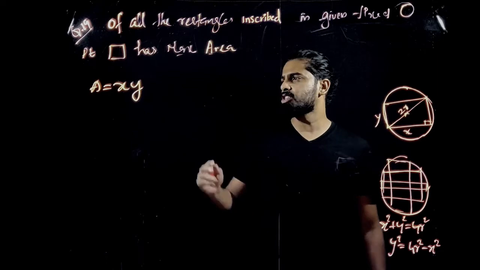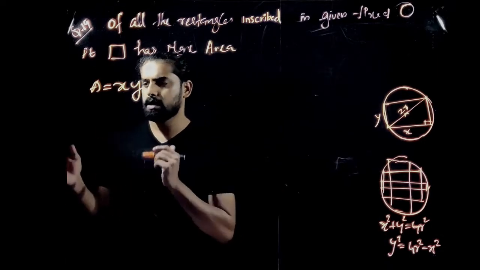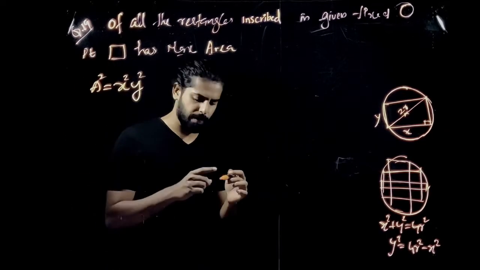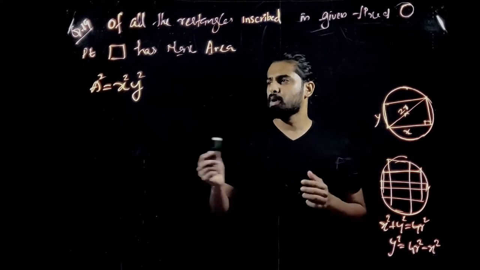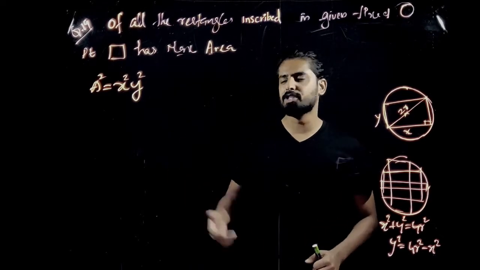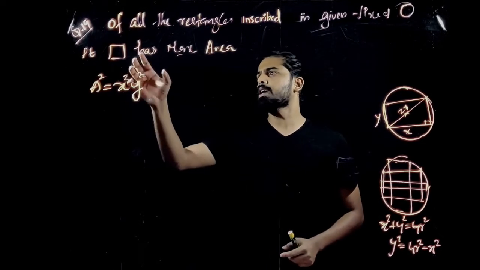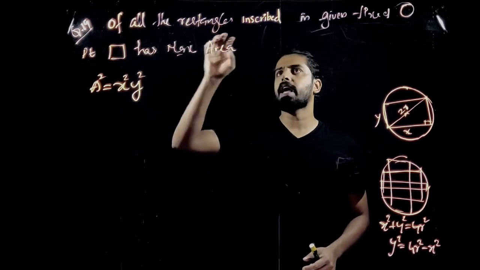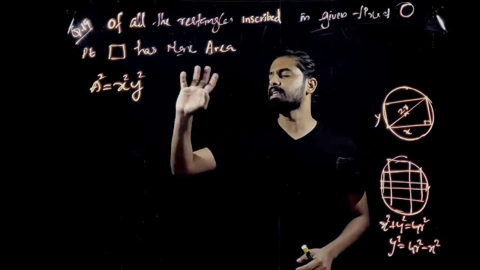But for our convenience, let's square the area. So area square will be equal to x square into y square. Why are we doing that? Because if there is a square root, it will be difficult to differentiate. And we have to prove the area of the rectangle is maximum when it is a square.